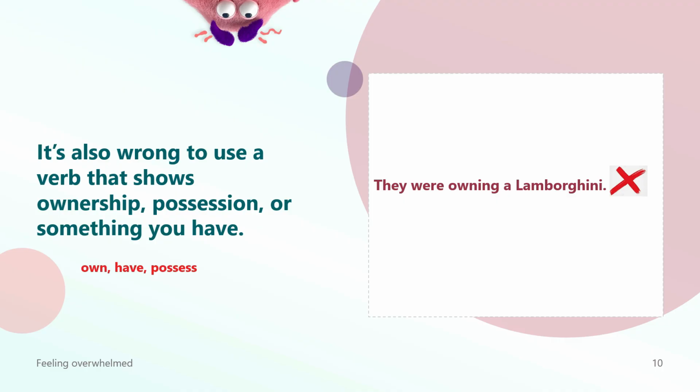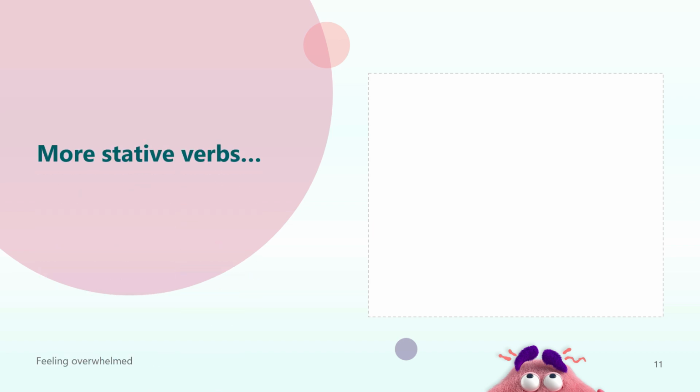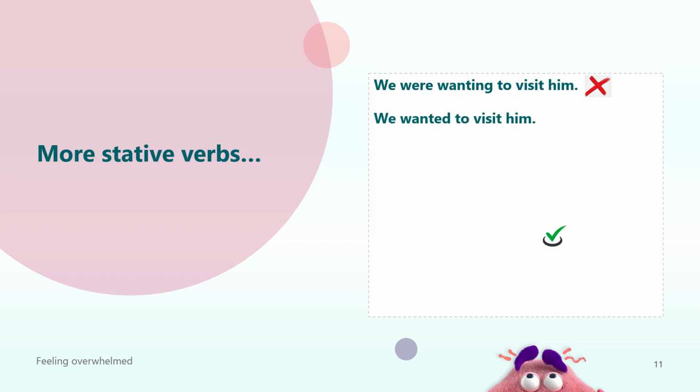Instead, we can say they owned a Lamborghini. There are also two very common verbs that we cannot use in the continuous form. For example, we were wanting to visit him. No, that's wrong. The correct version of this sentence is we wanted to visit him. Wanted, simple past.